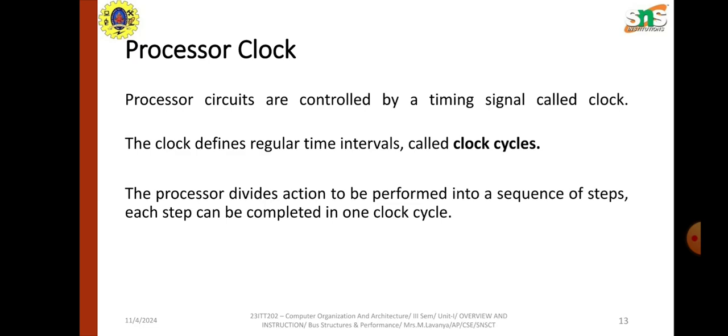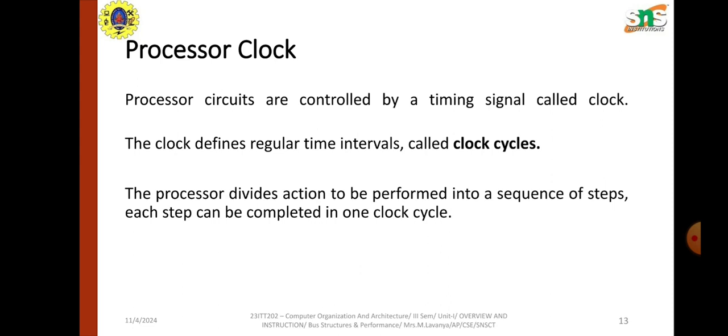Let us see what the processor clock is. A processor clock is a circuit controlled by timing signals, in which the clock signals are of the same time interval, and each and every step in the instruction execution must be completed within a single clock cycle.